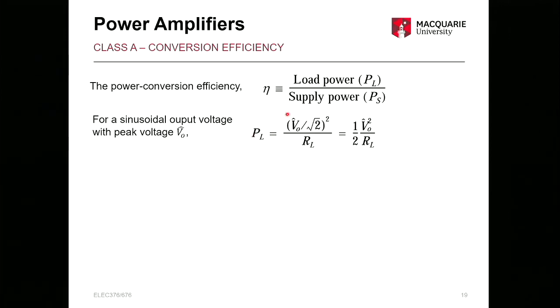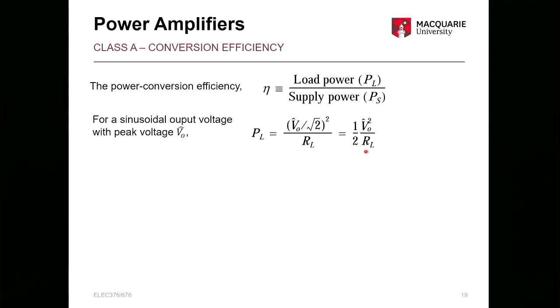And our power, so we know power is equal to V squared over R. That's just Ohm's law changed, power equals I times V. And here our V squared term is V naught over root 2, because that's just how you get the RMS average, so that should be familiar. And that becomes 1 over 2 V naught squared over RL.